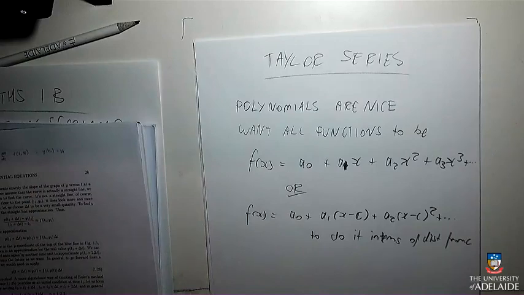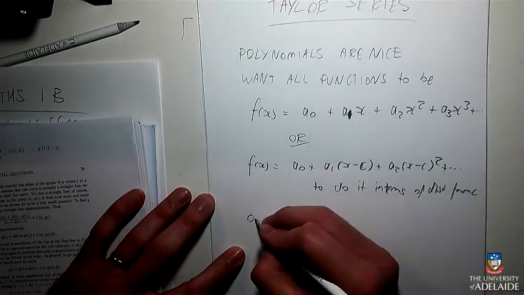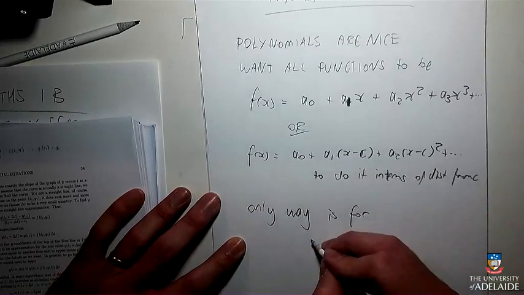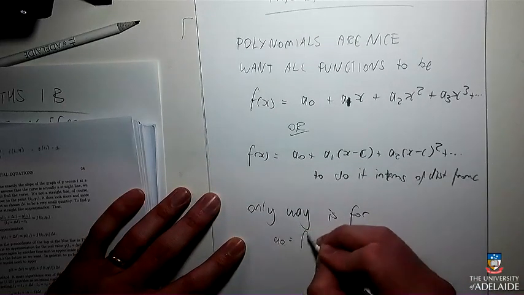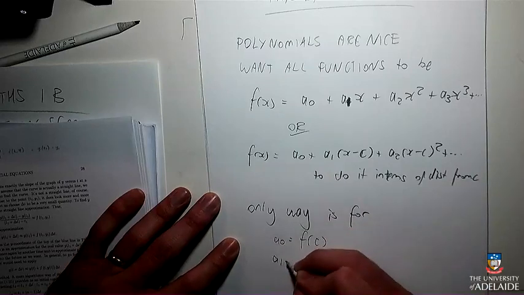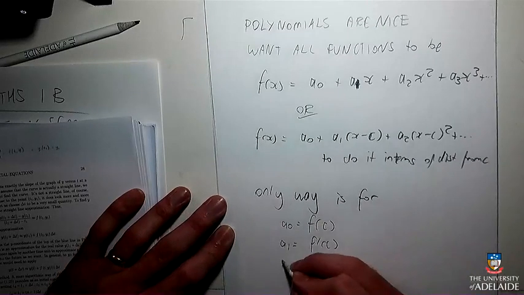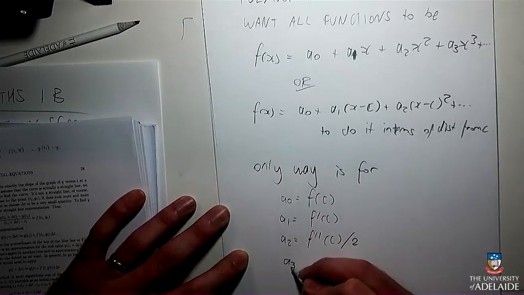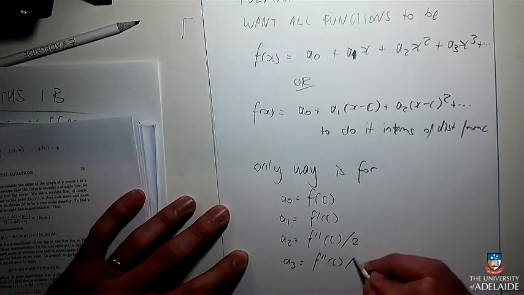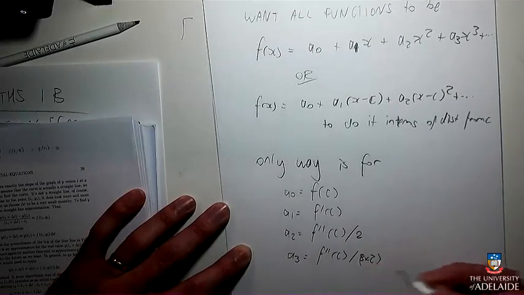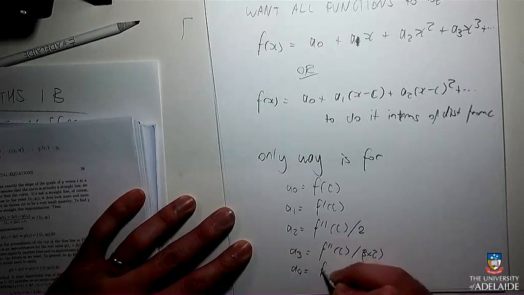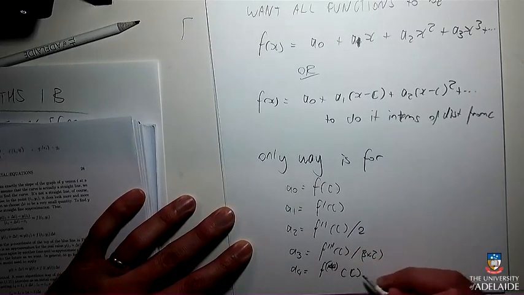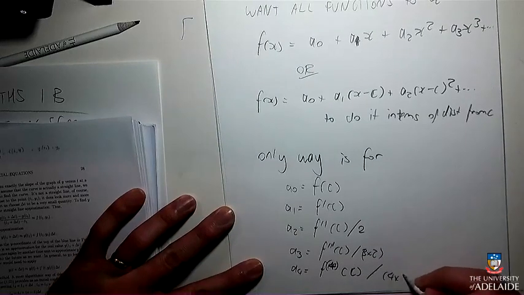That's the idea. So the only way is for a0 to be f of c, and a1 to be f dashed of c, and a2 to be f double dashed of c divided by 2, and a3 to be the third derivative of c divided by 3 times 2, and a4 to be the fourth derivative with c subbed in, divided by 4 times 3 times 2.